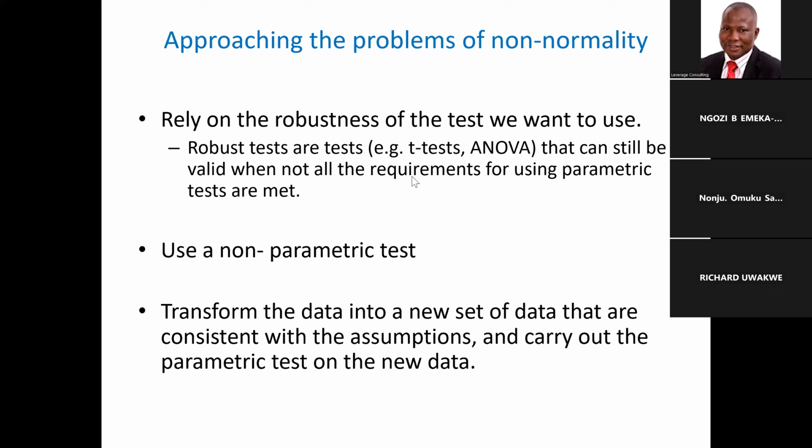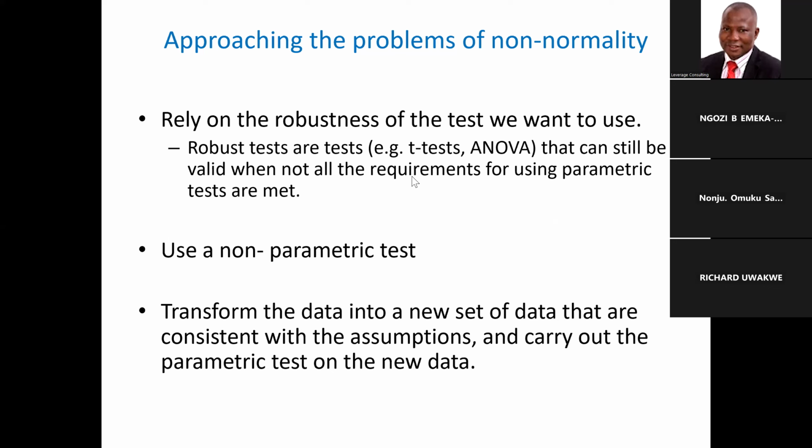So what are the issues? Whenever you find out that maybe there's no homogeneity of variance or it does not follow normal distribution, what will you do? These three options are also according to importance. The first thing you should consider, if possible, is to rely on the robustness of the test.